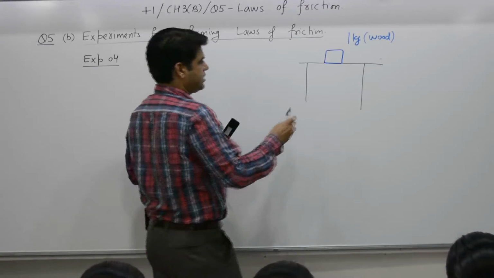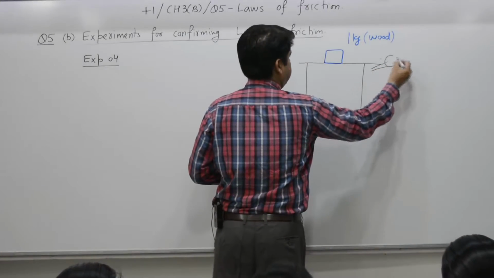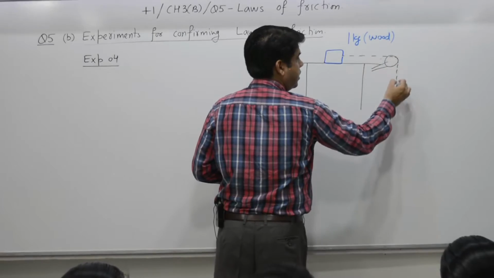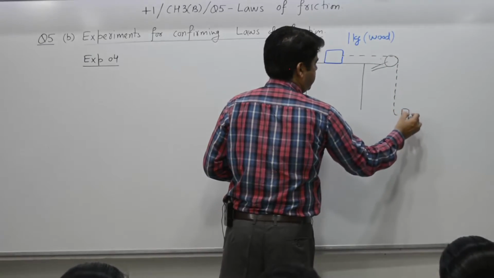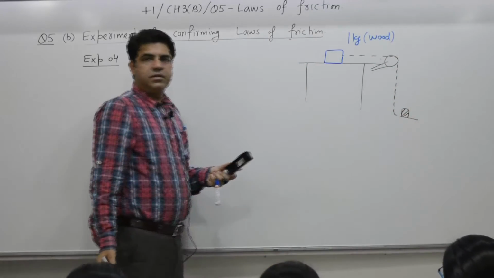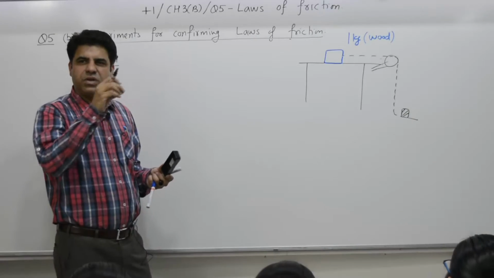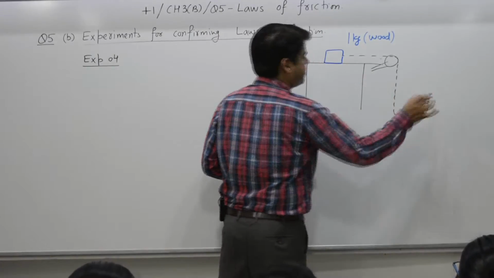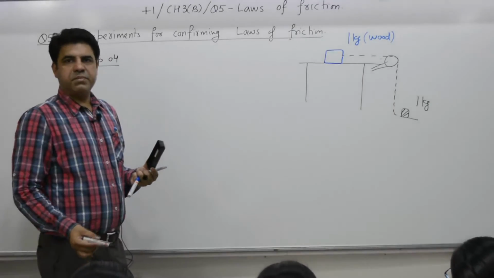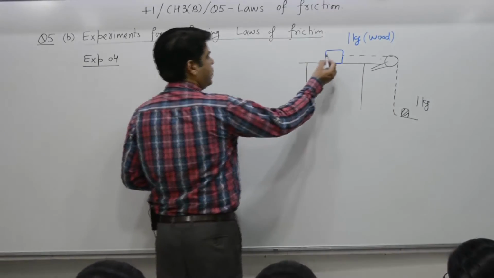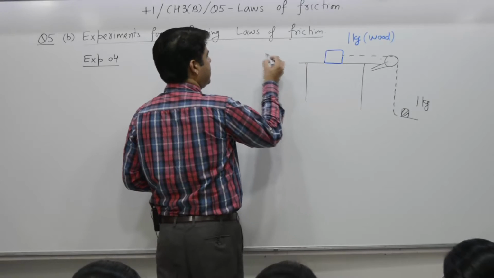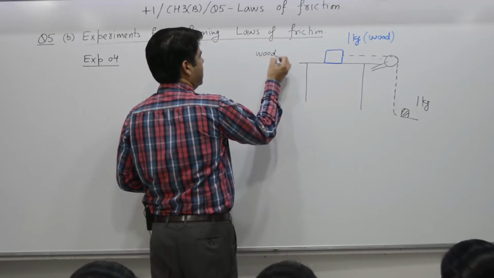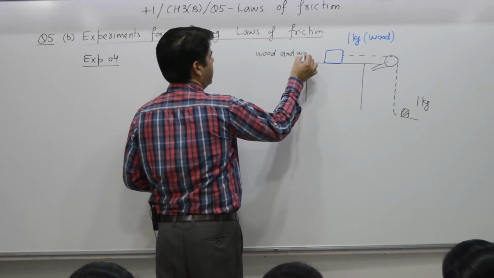Again, you perform the same experiment. Pulley, rope, and put some weight here: 100 gram, 200 gram, 300 gram. Suppose it moves at say 1 kg. This is experiment number 1. Material is wood and wood.